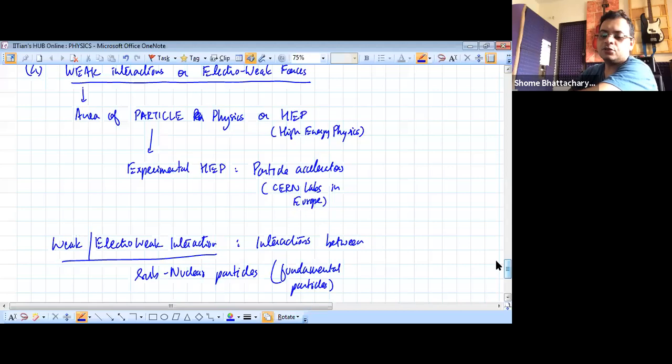So it becomes a huge technological constraint how you are able to deliver that much energy to the accelerated particles so that they will have the required collision energy and they'll be able to generate the fundamental particles of nature. So, you know, in the papers, you would keep reading about things like Higgs boson, God particle, fermions, etc., which people are trying to discover or confirm the existence of through these collision experiments.